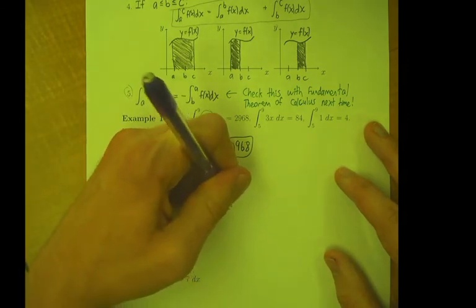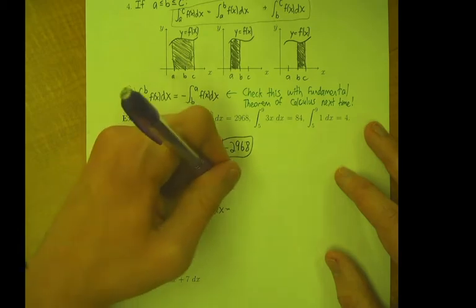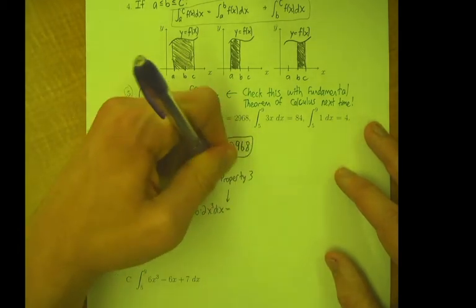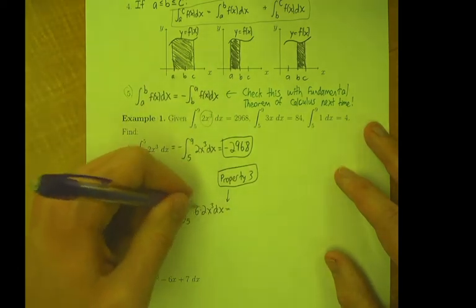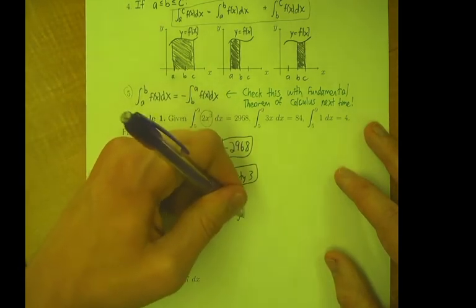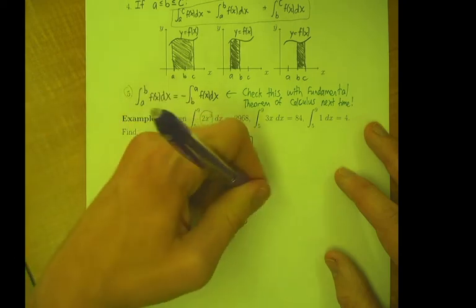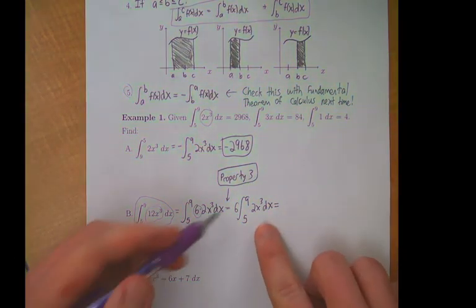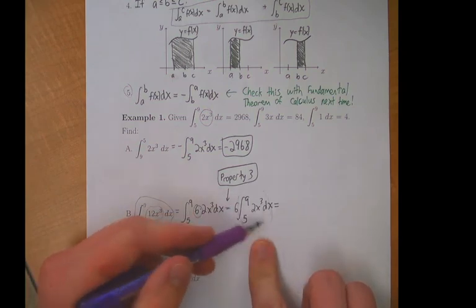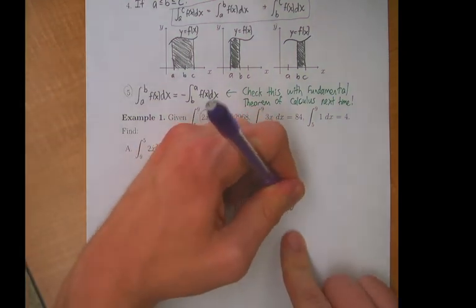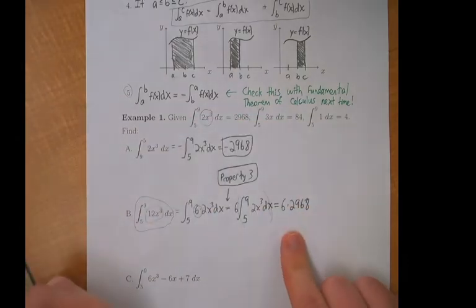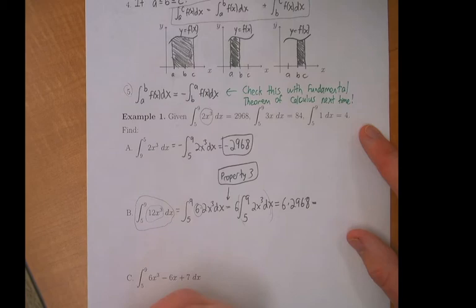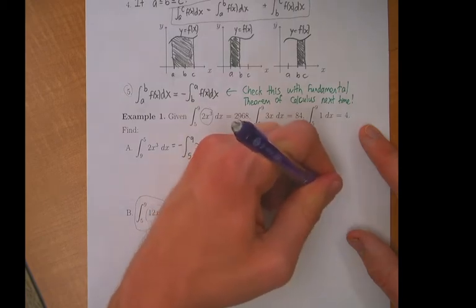Then using property 3 that we've established before, we can take out this 6 and say this is 6 times the integral from 5 to 9 of 2x cubed dx. Since we already know that this integral is 2,968, all we have to do is multiply those two together, and that gives us our answer, which ends up being 17,808.